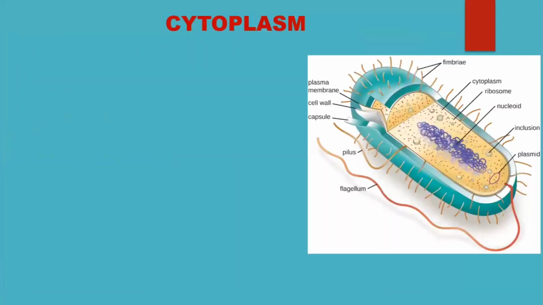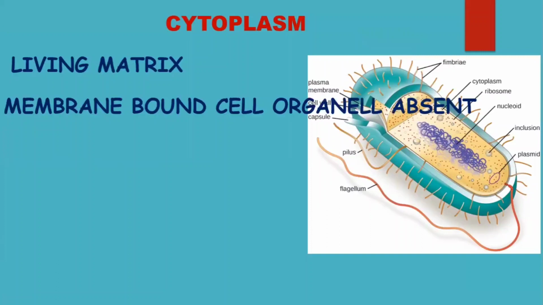Let's talk about the cytoplasm. Now remember, when you talk about cytoplasm, it's a living matrix. It's a homogeneous matrix having water, organic matter, inorganic matter. All biological activity you can consider takes place in cytoplasm. But in case of prokaryotic cell, membrane-bound cell organelles are absent. That already we have discussed. There is no cyclosis.